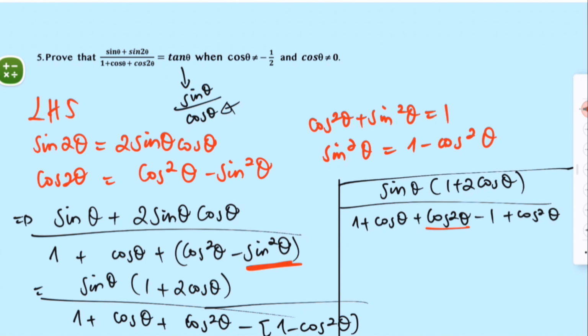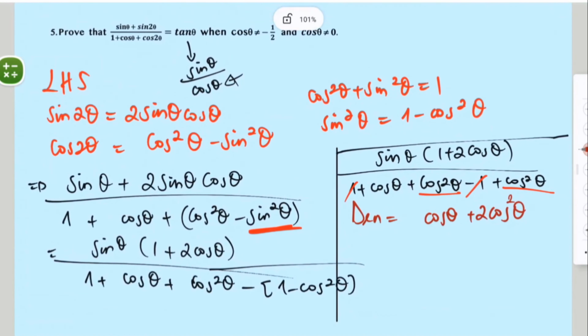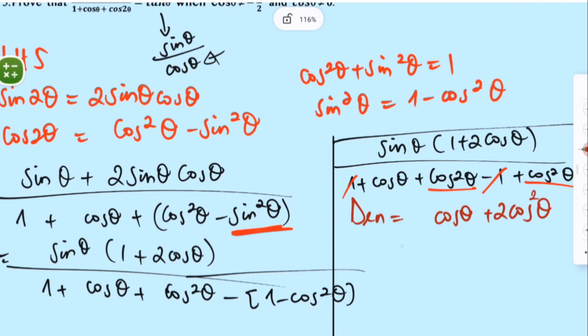Now the cos squared thetas would add up to give 2 cos squared theta, but then the ones would cancel out. The denominator for now would be cos theta plus 2 cos squared theta. Okay, factorize this. I'm going to have cos theta parentheses 1 plus 2 cos theta.